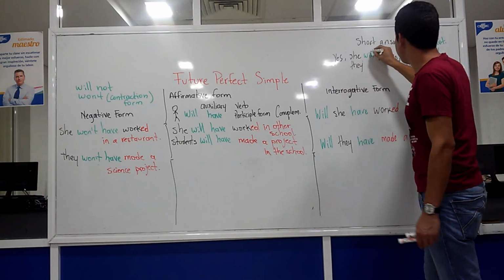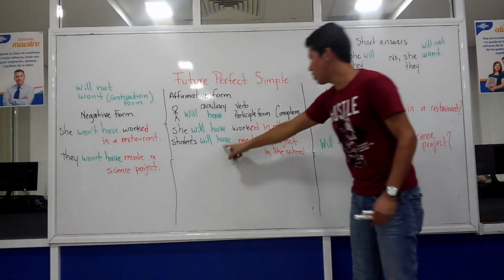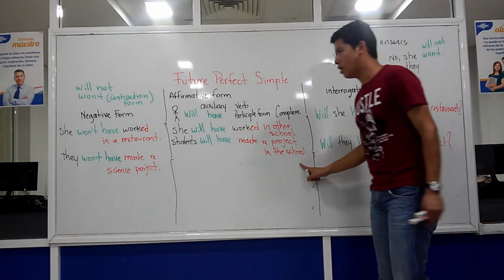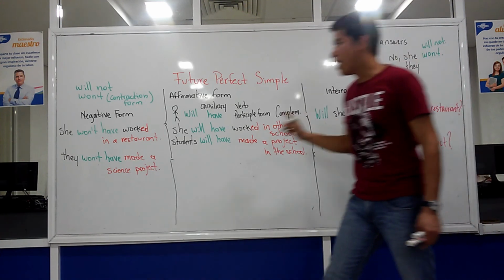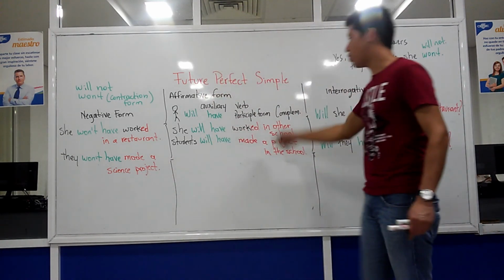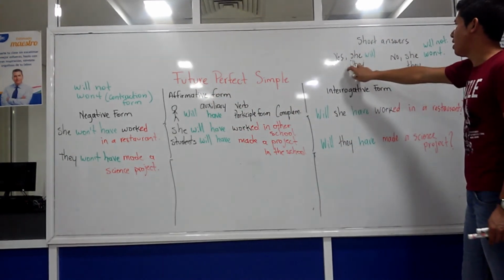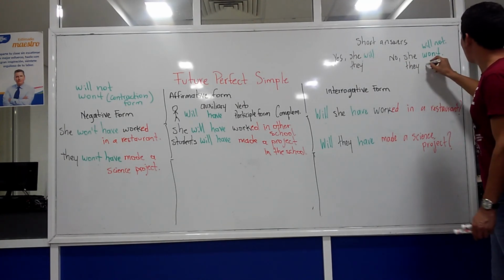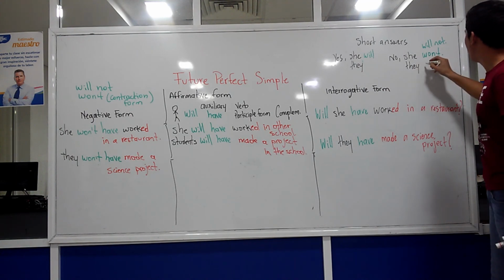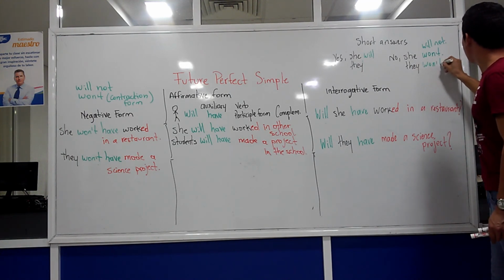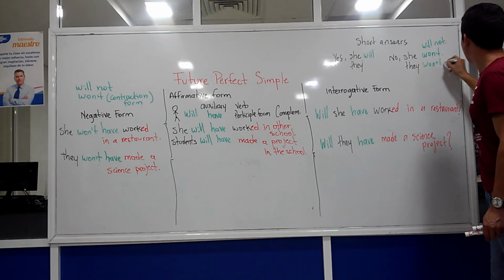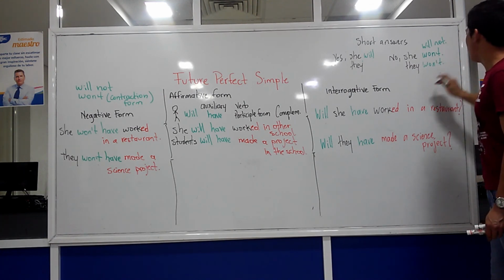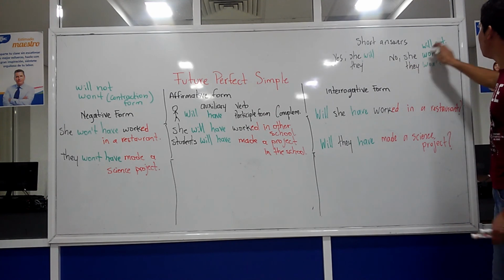Or in this case, in the other question, the students will have made a project in the school, but don't refer to an exciting project. Maybe it's another project. Say no, no they won't, or maybe no they will not.